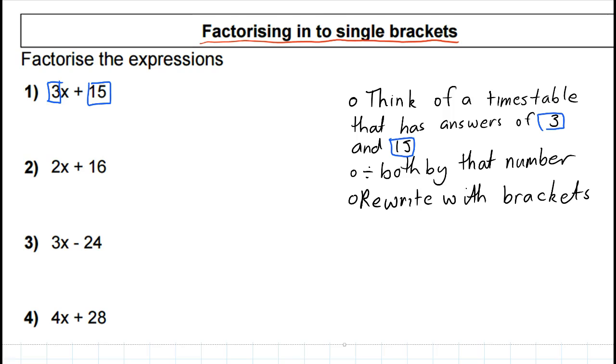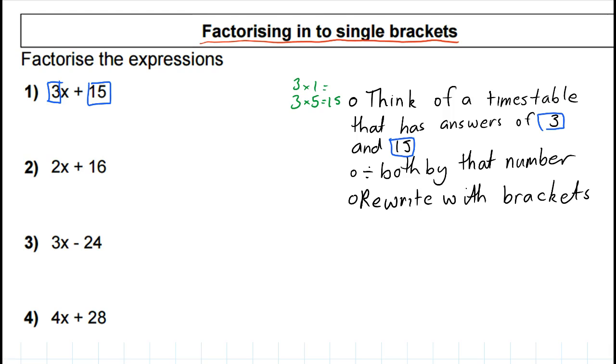It's in your 3 times tables. Is 15 in your 3 times tables? Well, 3, 6, 9, 12, 15. Yes, it is. Okay, 15 is an answer to 3 times 5. So it's an answer in your 3 times tables, and 3 is an answer to 3 times 1.